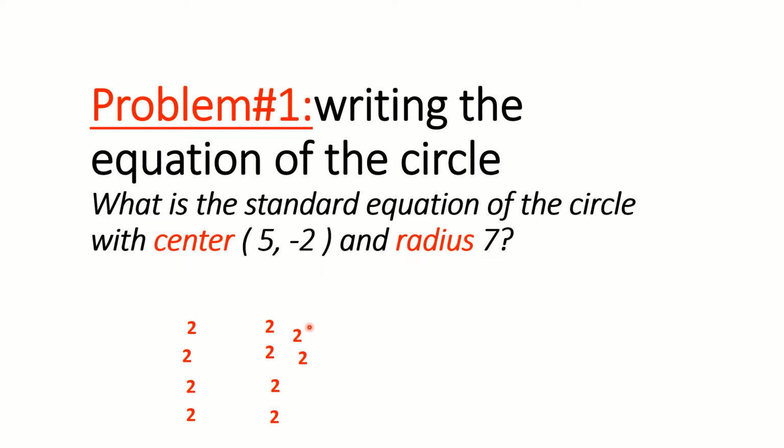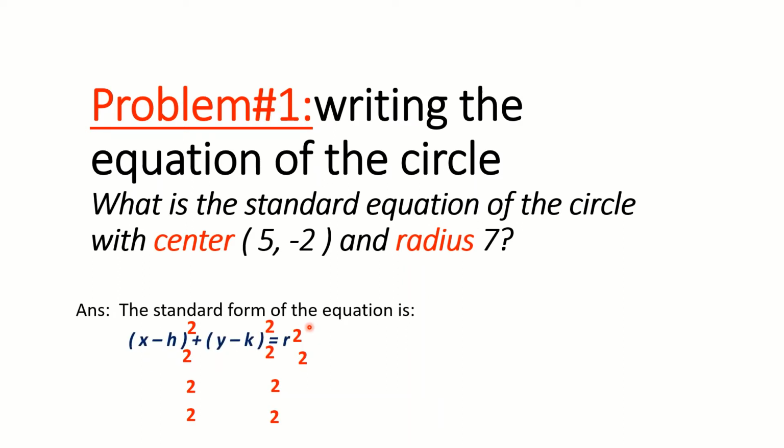We know from our formula the standard form of the equation is (x - h)² + (y - k)² = r². Substituting these values in their respective places: (x - 5)², because h is 5, and (y - (-2))², because k is negative, equals 7², which is r².